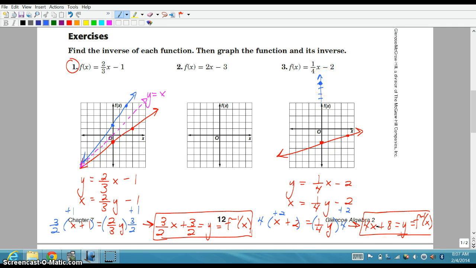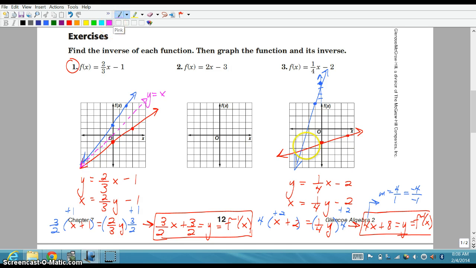The slope is 4, and I could go up 4, right 1, but I think I'll opt to go down 4, left 1 instead for the sake of space. 1, 2, 3, 4, and then left 1. Again, just to note that the slope being 4 over 1 can be written as -4 over -1. So down 4, left 1 is just as good here. So we've got our line now through those 2 points, and those are my 2 inverses.